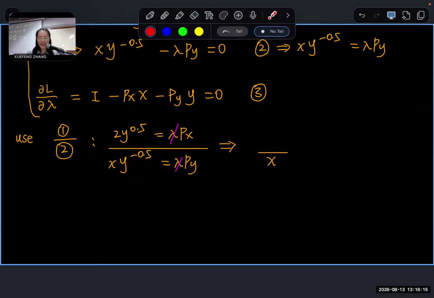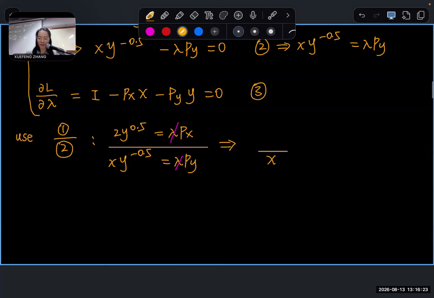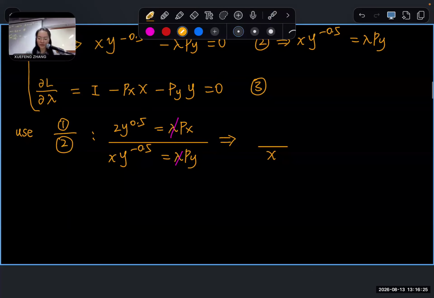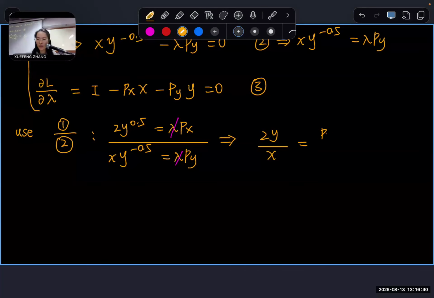So basically it's y power 1. I hope you are clear about this. So here we have 2y in the numerator. So here we have 2y over x equal px over py.